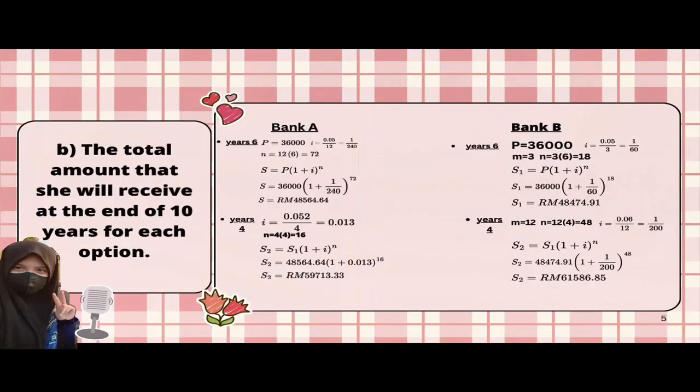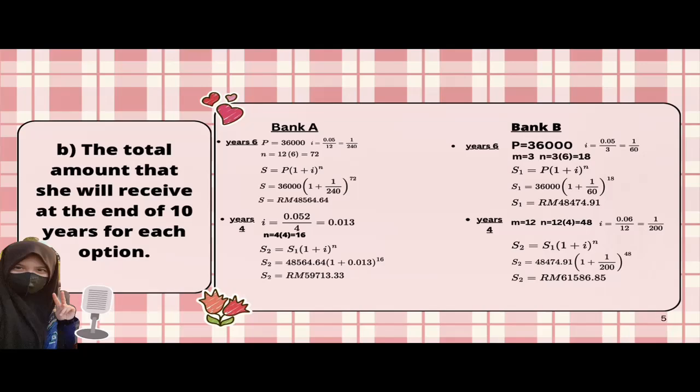For question 1b, we're going to find the total amount that she will receive at the end of 10 years for each option. We will use the future value formula S equals P bracket 1 plus I bracket N. P is the principal, I is the interest rate per interest period, and N is the number of interest periods. First of all, we are going to calculate Bank A.